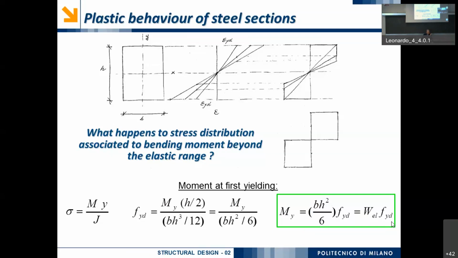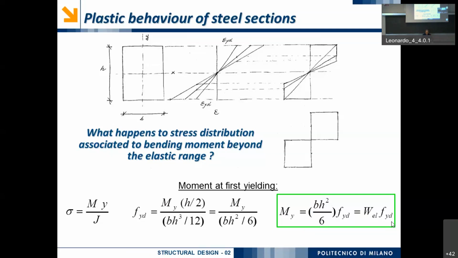But when we are in the elastic plastic range, does this assumption still hold? That's the question. The answer is yes, it continues on.